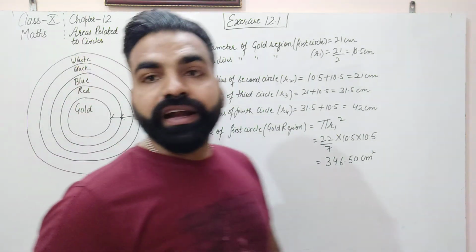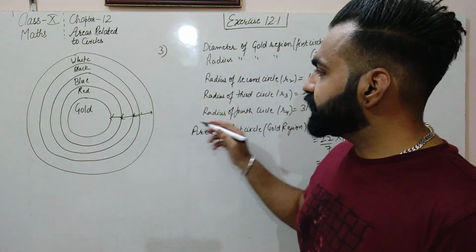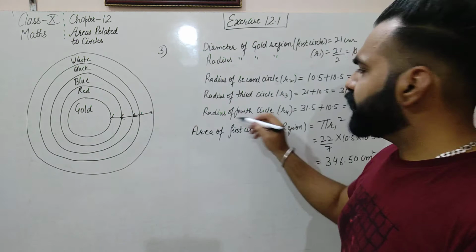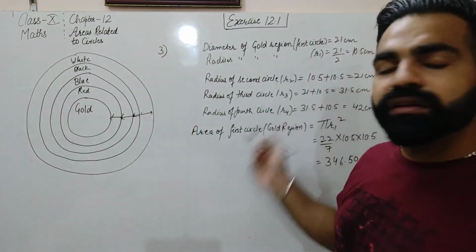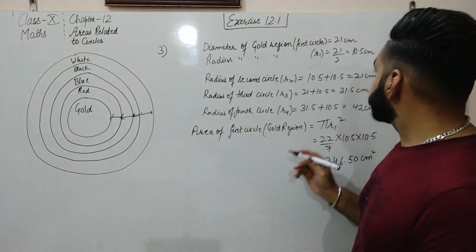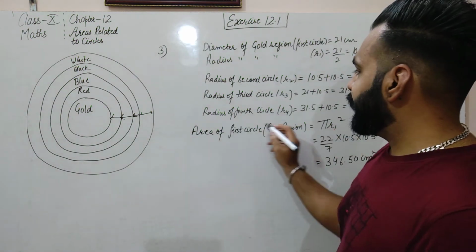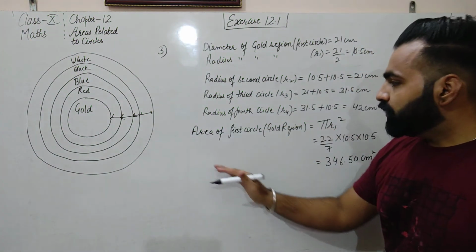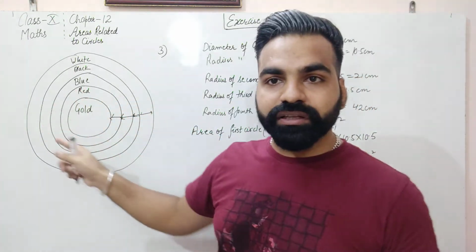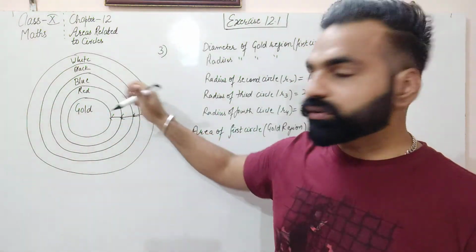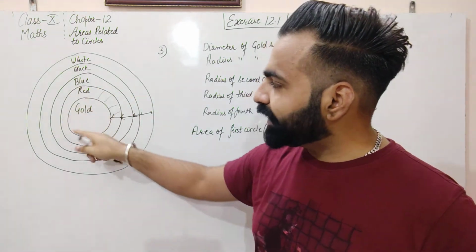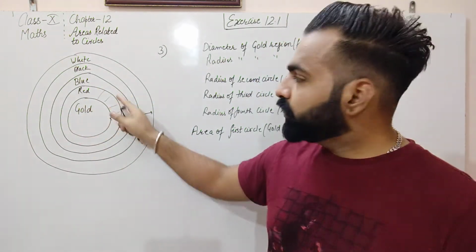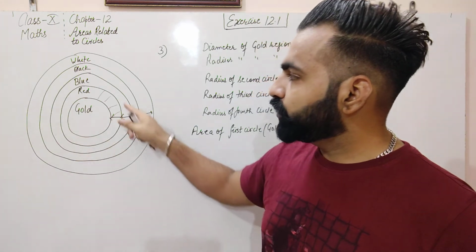Now we have to find the area of the red region, that is, I think we will further require the area of the fifth circle. We will find it later. Clear? Or you can write here area of the fifth circle. First of all we will find the area for the red portion. To find the area for the red portion, that is this part, we have to subtract the area of the gold region from the area of the whole red region.